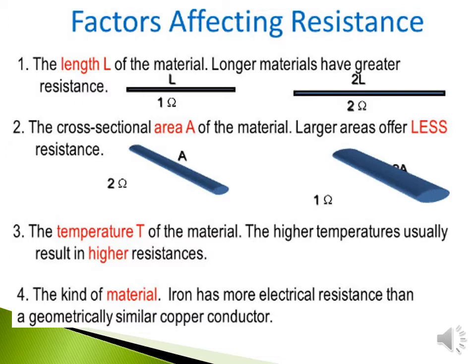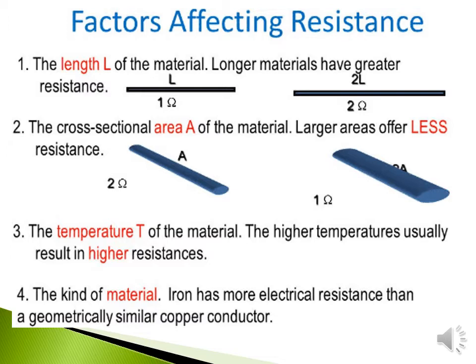Next, length of the material. The resistance of any conductor is directly proportional to its length. As the length of the material increases, the longer material has greater resistance, and vice versa. Next, cross-sectional area of a material. The resistance of any conductor is inversely proportional to the area of cross section of that material.